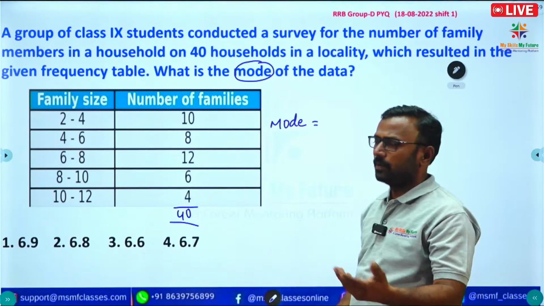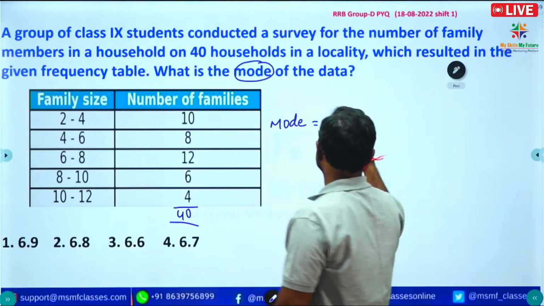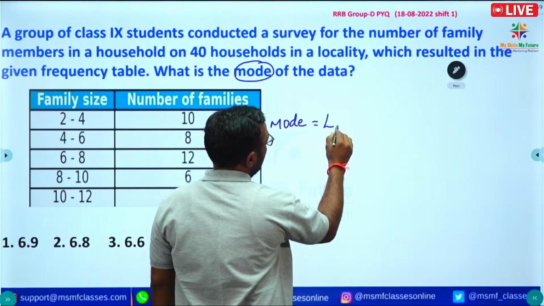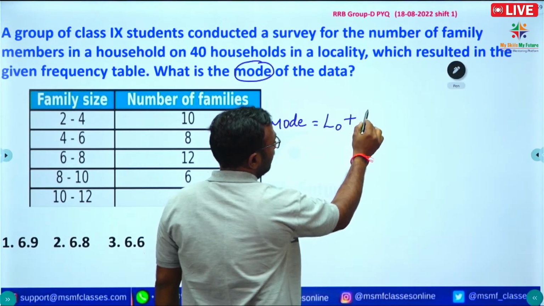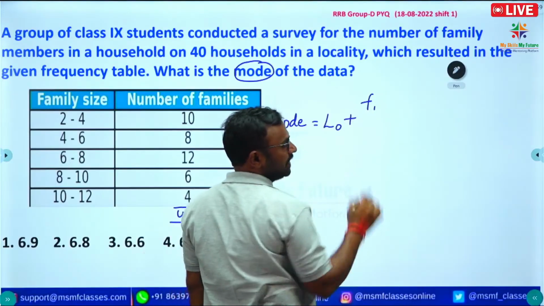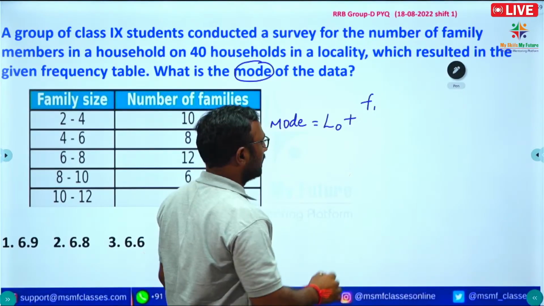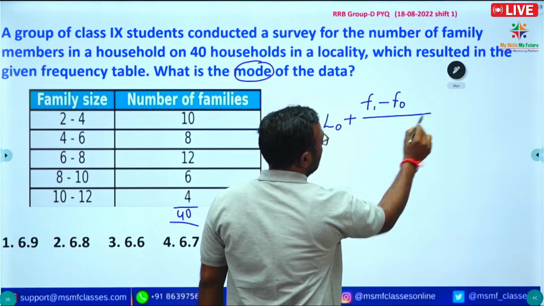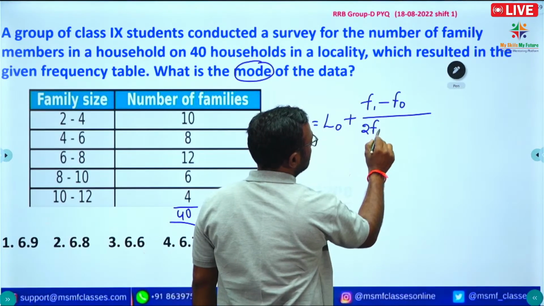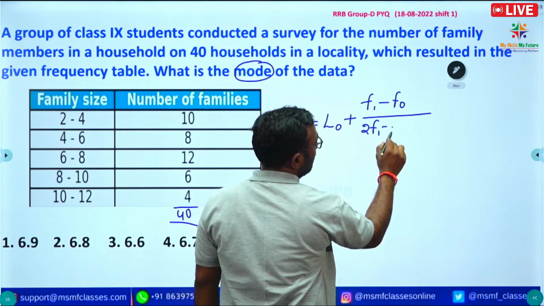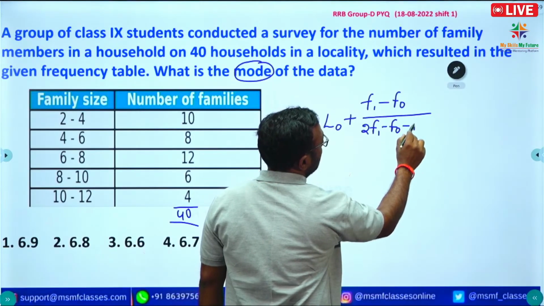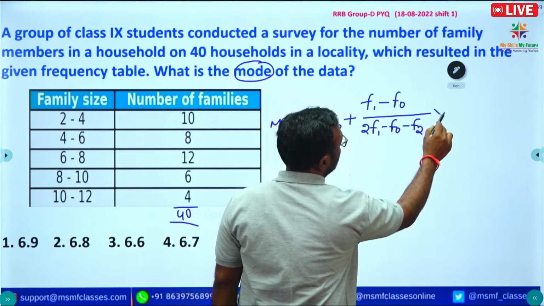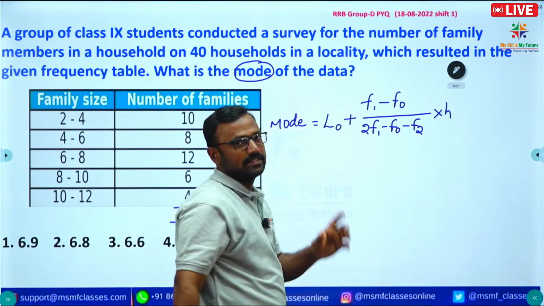For this we have a formula. Mode is equal to the lower limit plus the highest frequency of the modal class minus the preceding frequency, divided by 2 into the highest frequency minus the preceding frequency minus the succeeding frequency, into the width of the class interval.